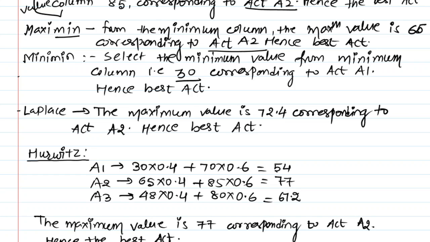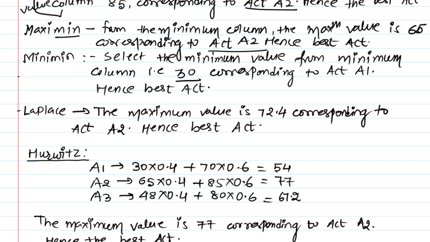Next, under minimin criterion, we have to select the minimum column and the corresponding minimum value, which is 30 and corresponding to act A1, hence the best act. Laplace, the maximum value was 72.4 corresponding to act A2, hence the best act.